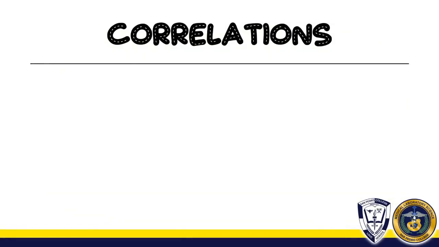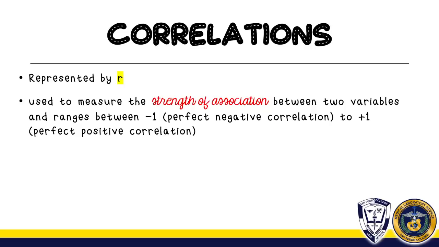Now, in terms of correlations, I guess you already have an idea as to what correlation means since, of course, correlations were also discussed in your parametric test. Correlation is represented by the small letter r and is used to measure the strength of association.